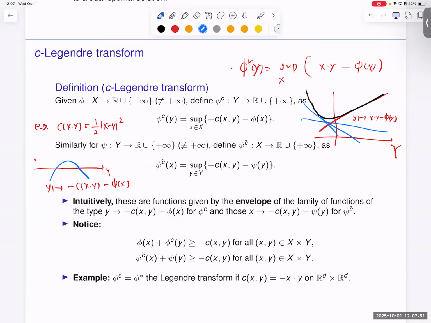This is just the negative of this, so the graph looks like this. Depending on your x, you have many such paraboloids, and then the C-Legendre transform takes the supremum over all such a family of functions.